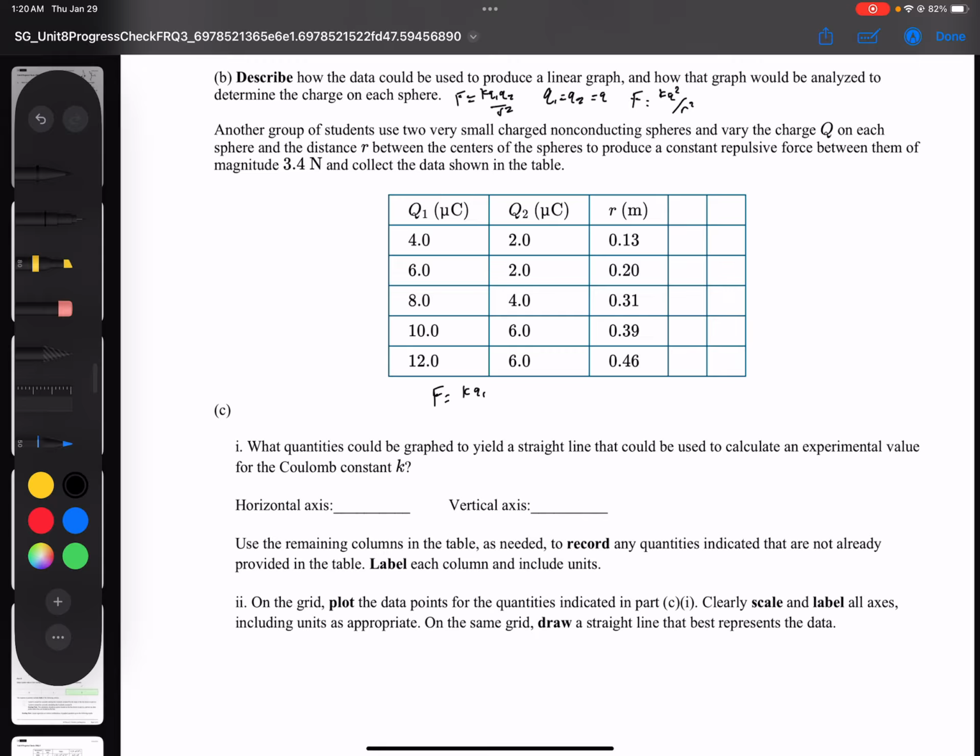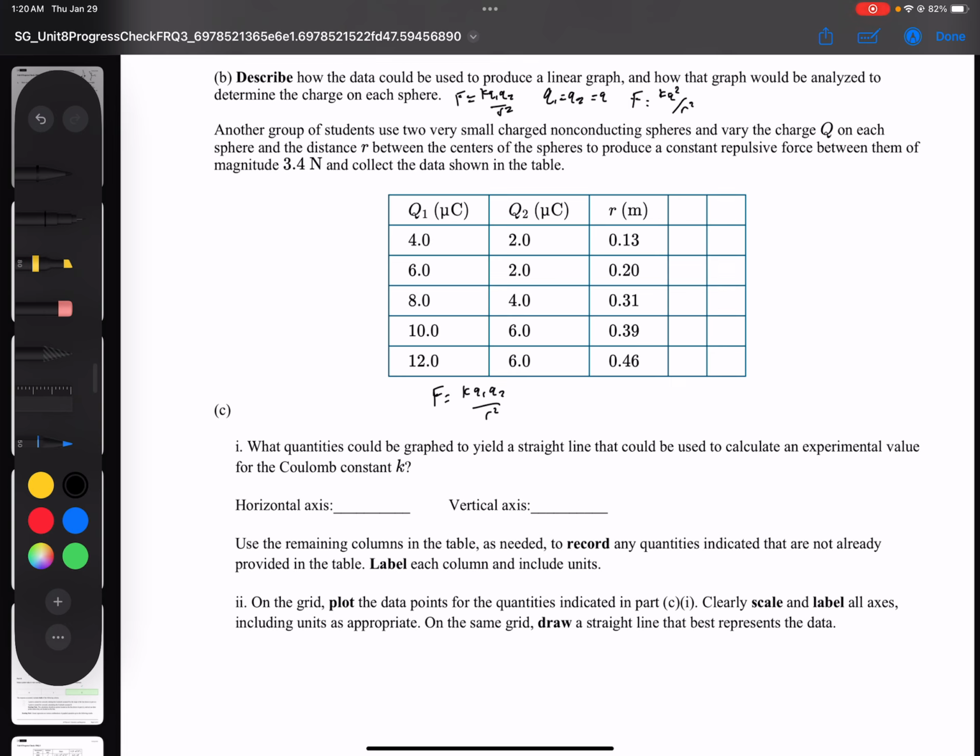So I have K, Q1, Q2 over R squared. Now this time the Q's are different, but we know that the force has to be a constant. So we're changing R and we're changing Q, and we're trying to figure out what the Coulomb's constant is.